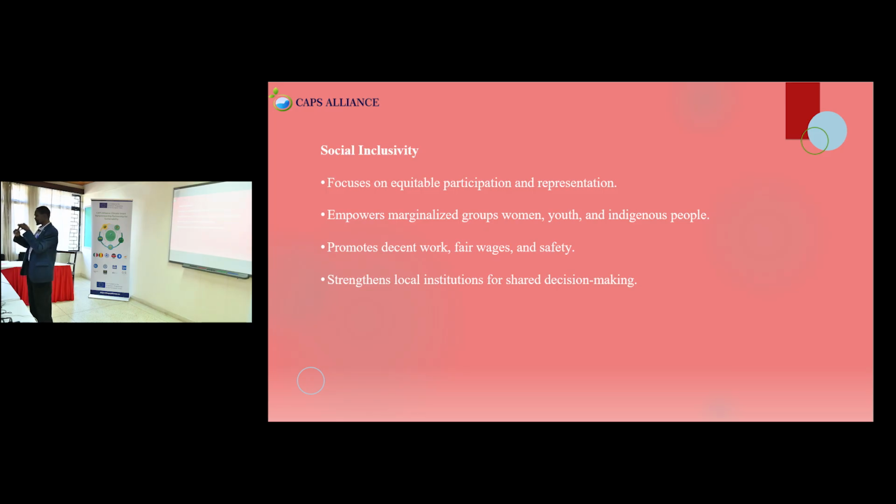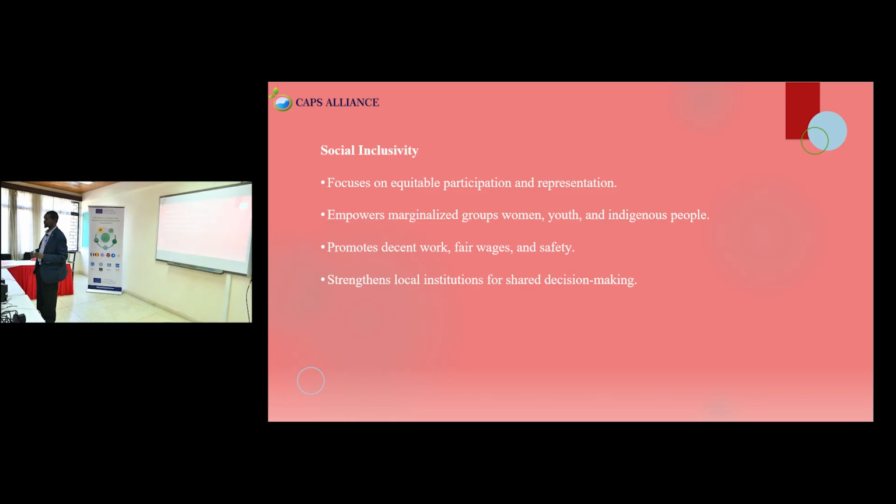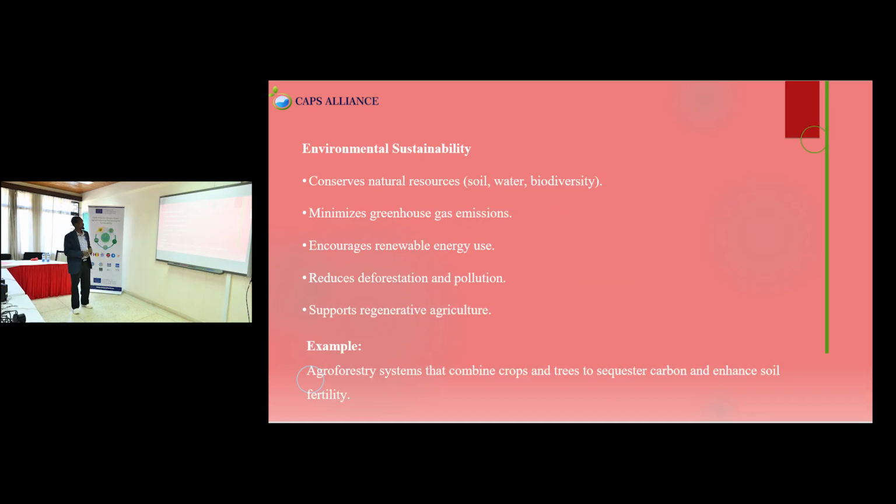So when you have those two, you are likely to get more money funded for your milk plant or your tomato plant, as long as you employ more women. More women must be employed, whether they are going to be fetching the water, they have to be there. So gender, equity, and inclusivity. Let's go next. The others have simply been explained.